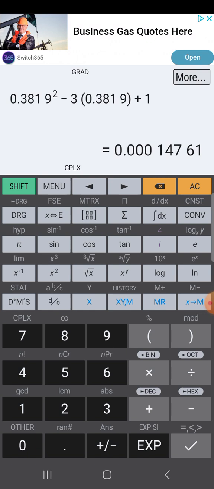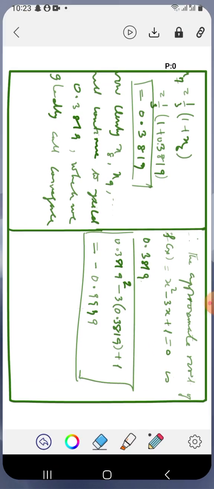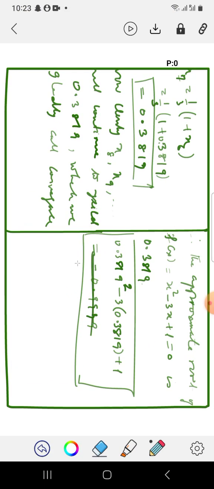So we now have 0.00014, which is very, very significantly close to 0. So that is it. We know now that this is going to be the root of the equation.